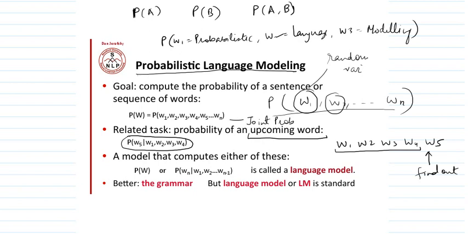So in those cases we employ another kind of modeling, that is conditional probability based modeling, in which we calculate the probability of an upcoming word given the previous words, right? So this is actually p of w5, the probability of w5 given that w1, w2, w3, w4 are occurring.